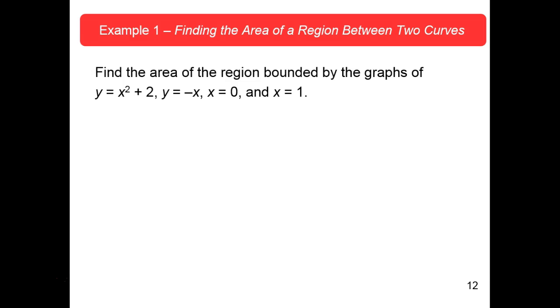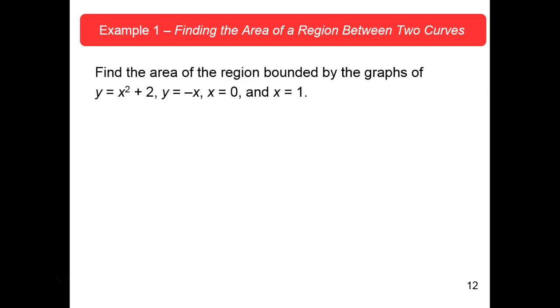If you use what you know about graphing, you can make this happen a little more easily. This is 7.1, page 445, example 1, near the bottom of the page.